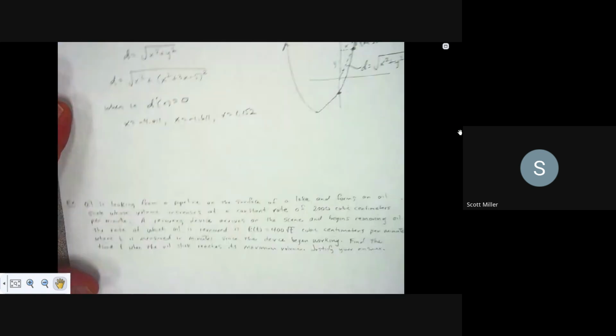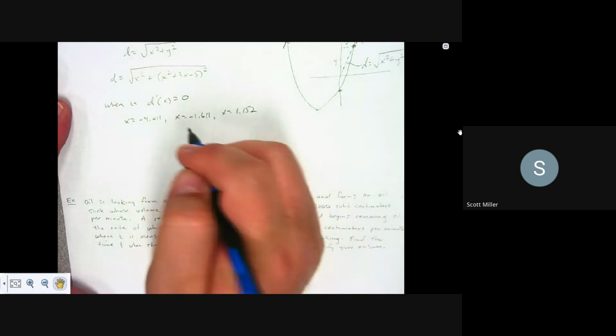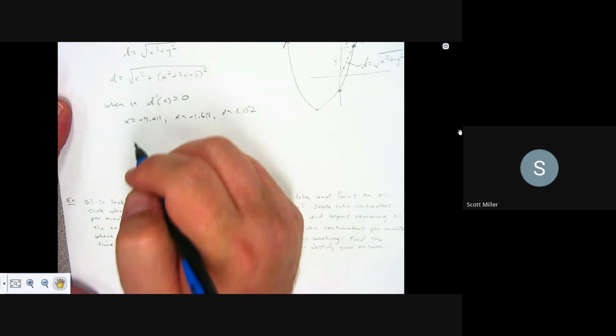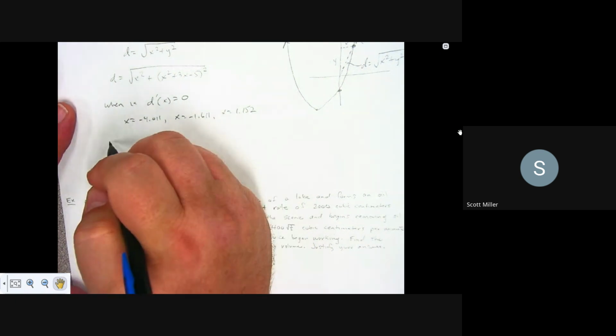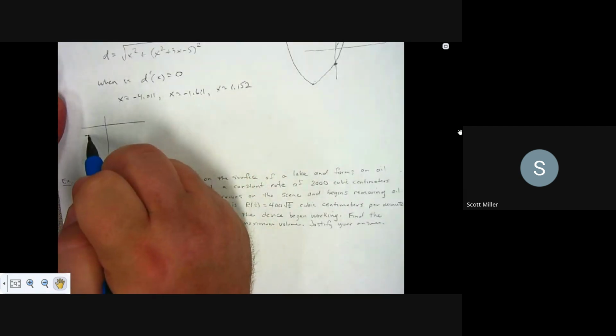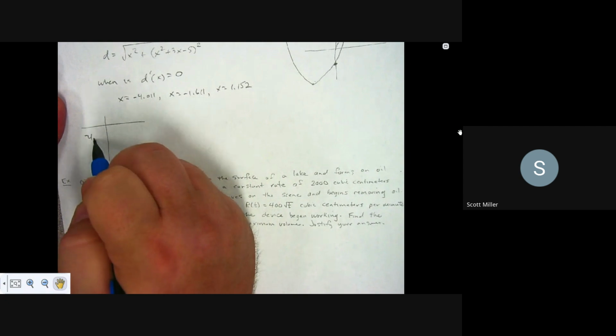Okay? And then we can use our candidates test, and we can test these points out. Okay? And I have a negative 4.011, and we have 1.152.